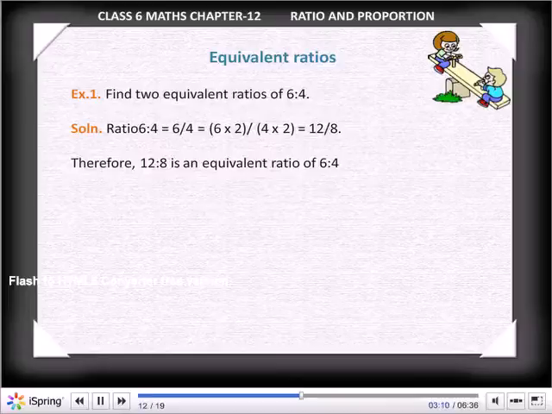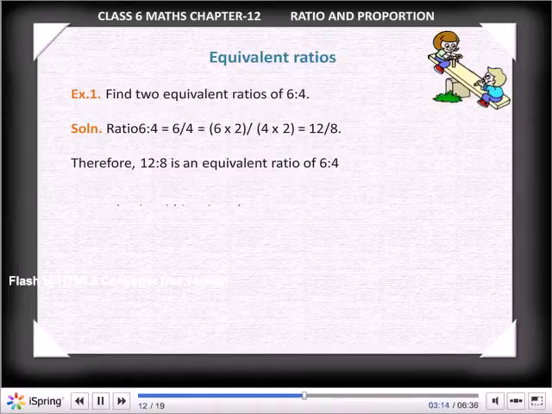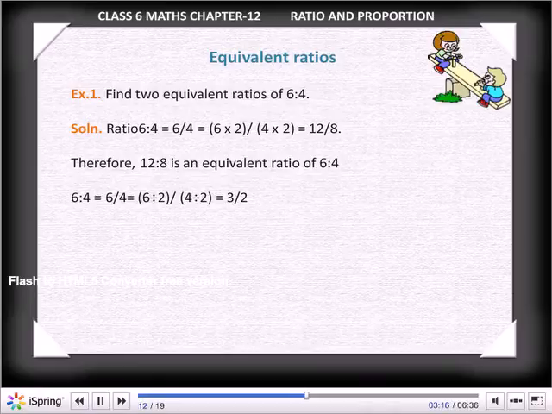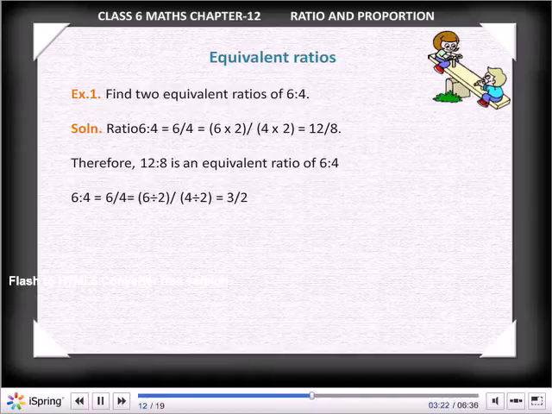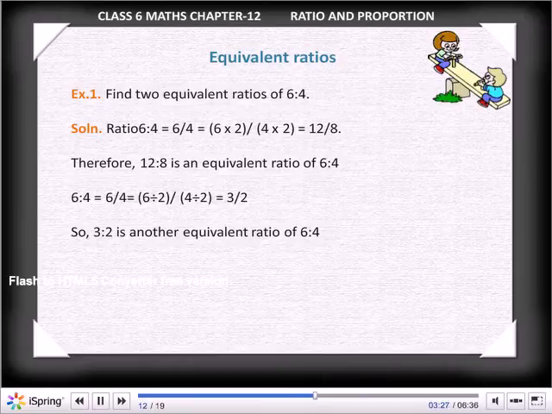Therefore, 12:8 is an equivalent ratio of 6:4. 6:4 is equal to 6 by 4 equal to 6 divided by 2 by 4 divided by 2 is equal to 3 by 2. So 3:2 is another equivalent ratio of 6:4.